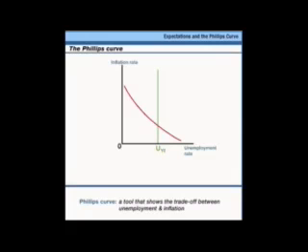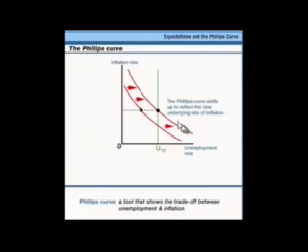Therefore, they'll change their behavior and go back and supply only the amount of labor that they were supplying before as prices rise to make those new higher wages less interesting. So what happens then in the long run is the Phillips curve shifts up to reflect the new underlying rate of inflation. If you've driven the economy faster than the speed limit, the Phillips curve is going to be shifting up.